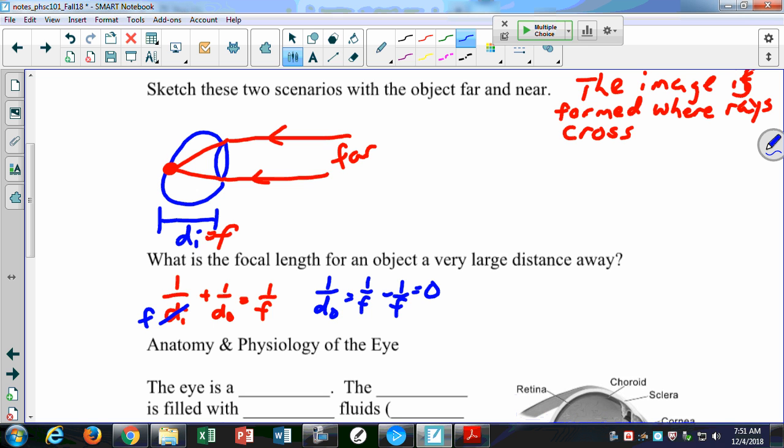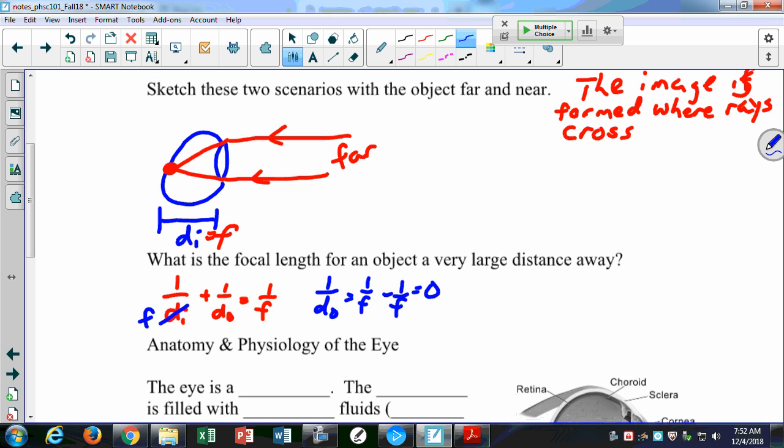Is it going to be a small number or a big number? Now, if I have 1 over a small number, like 1 over 0.1, for example, what's that equal to? 1 over a tenth is equal to 10, right? Or no, let's think about it in terms of fractions. Maybe that's easier. If I have 1 over 2 or 1 over 3, which of those is the smaller number? The 1 over 3 is the smaller number, right?